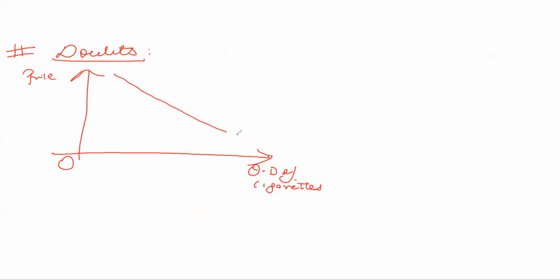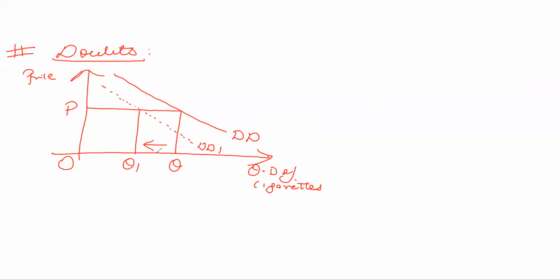So if this is my demand curve, when there are advertisements to stop smoking, when there are mandatory health warnings, nothing is happening to the price. The price of cigarette is the same, but those are impacting the psychology of the people who smoke, which in turn causes the demand for cigarettes to shift to the left at the same price.